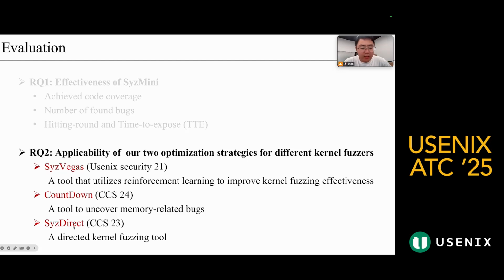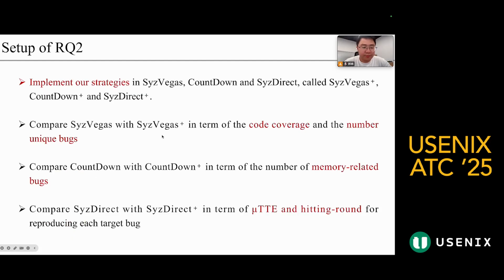Direct is a directed kernel fuzzing tool. For the setup of RQ2, we have implemented our strategies in Vegas, Cutdown, and Direct. We call them Vegas Plus, Cutdown Plus, and Direct Plus.